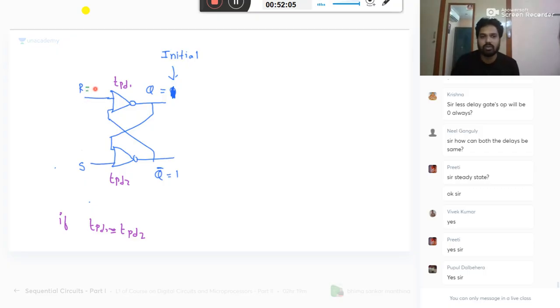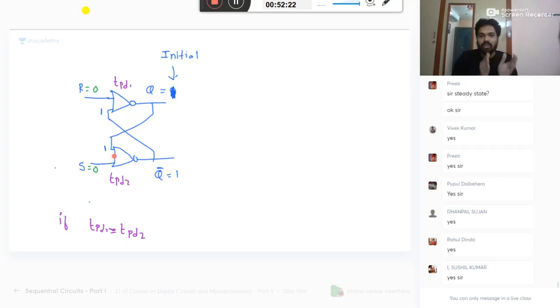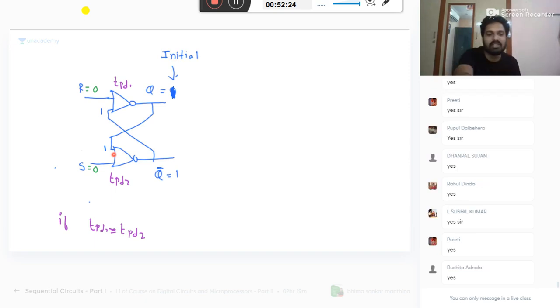Now let me apply S equal to 0, R equal to 0. Now you analyze from any point you wish, because both should change at a time here. Will you accept it or not? Both the gates should change at a time because both of them have the same delay.